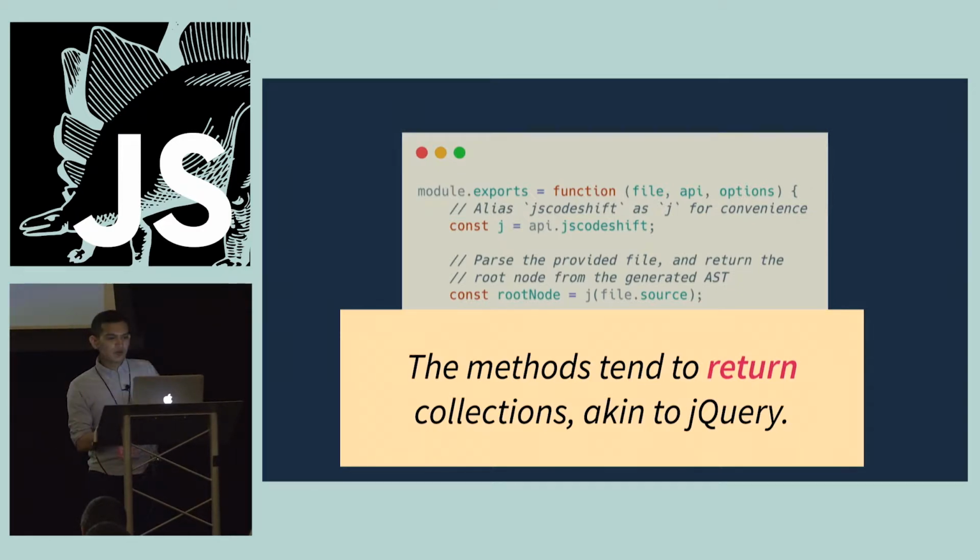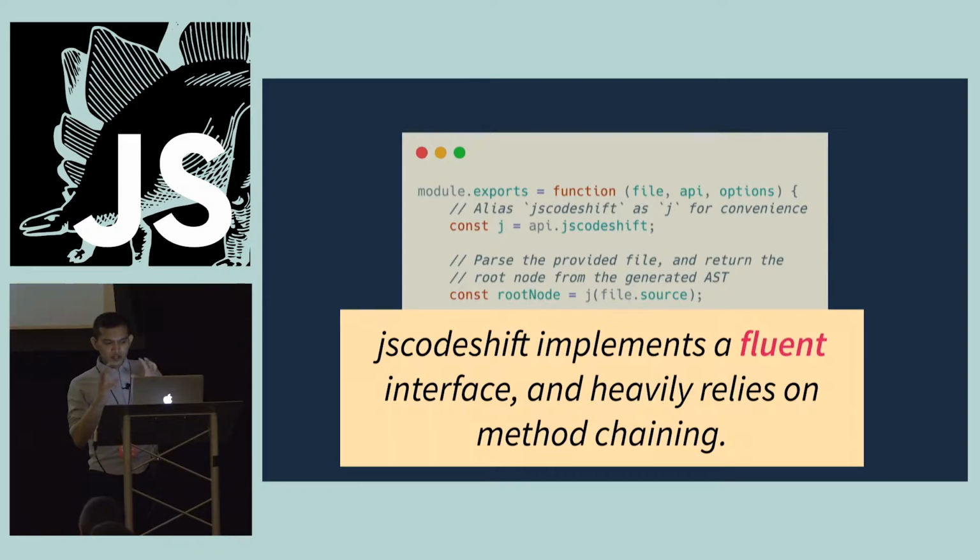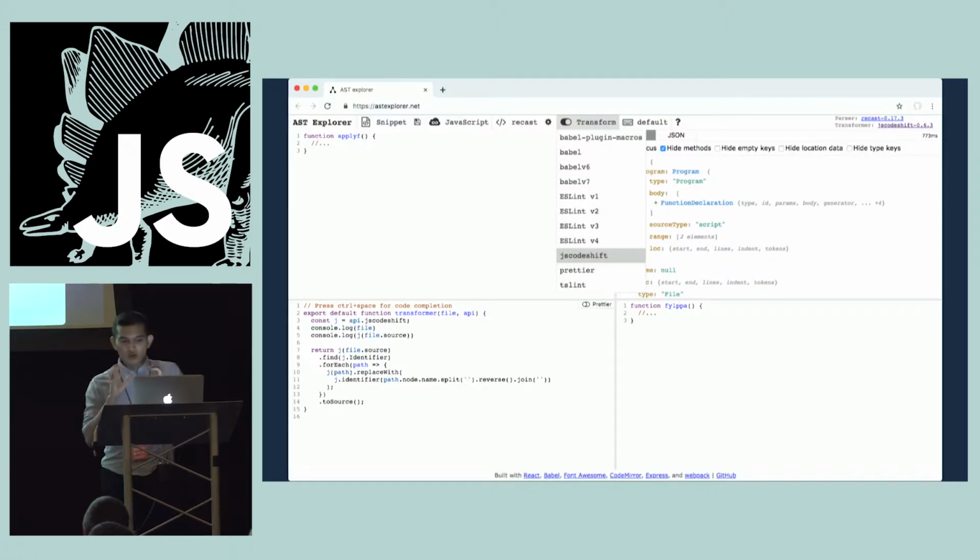It's a lot like how we would write jQuery back in the day. When we use jQuery, we usually have a collection of DOM nodes that are returned, and we start to chain methods. It's the same principle here. So JS CodeShift actually implements a fluent interface, and it relies heavily on method chaining. We have this collection. You can start to call methods upon methods on that collection until we're done, and we can return the source. So you can actually write these transformations in the AST Explorer tool itself.